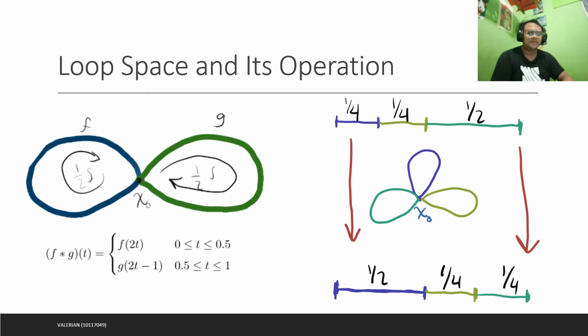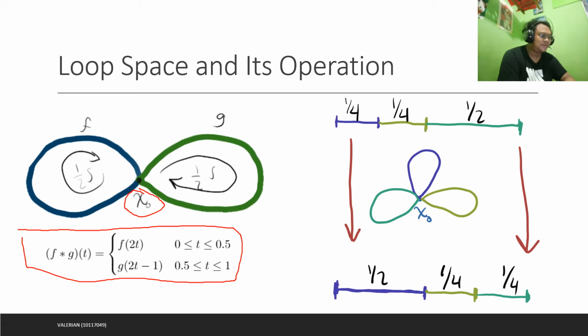Now, we can make a collection of every loop on a topological space that's based at a point, in this case we call it x0. This is the mathematical definition of the operation. However, we can interpret it like this. Imagine a loop is just you going around something in 1 unit of time.